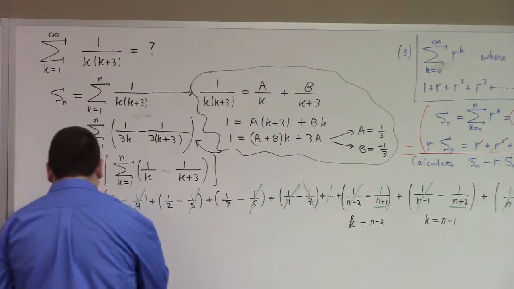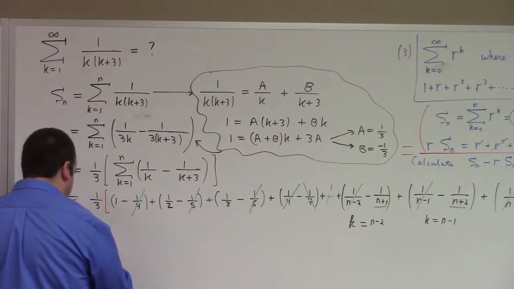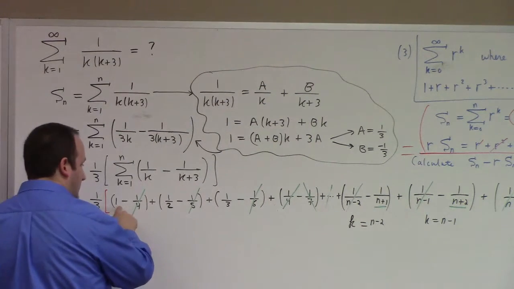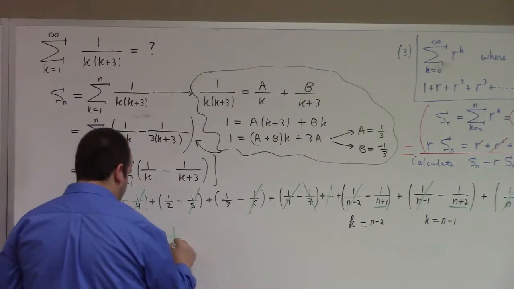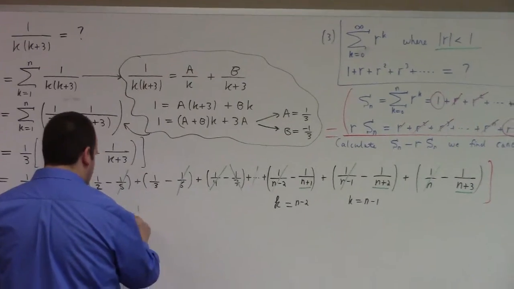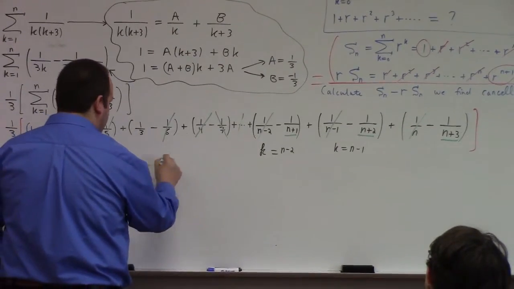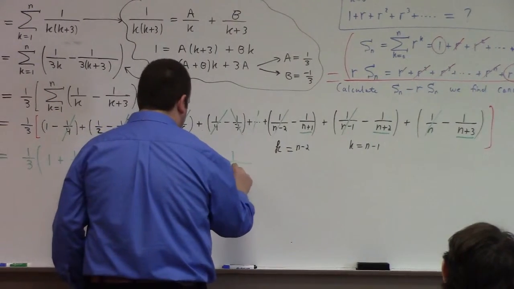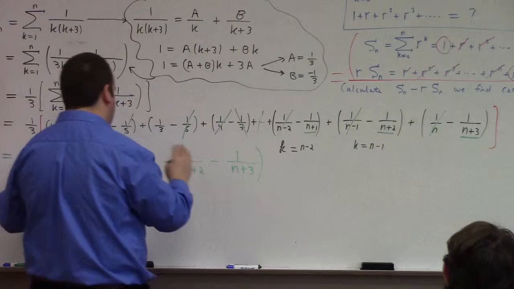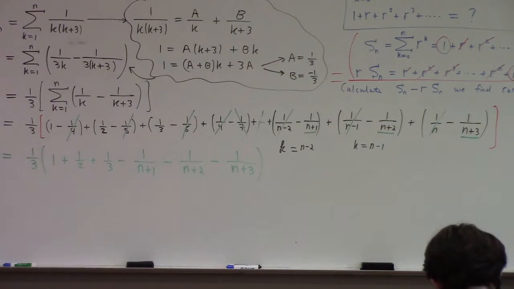So anyway, getting to the end of the story, we have 1 plus 1/2 plus 1/3 minus 1/(n plus 1) minus 1/(n plus 2) minus 1/(n plus 3). There's usually some kind of nice symmetry between the end and the front of the telescoping. As much as the front pushes in, the back pushes in, and most of the expressions I can think of are like that.